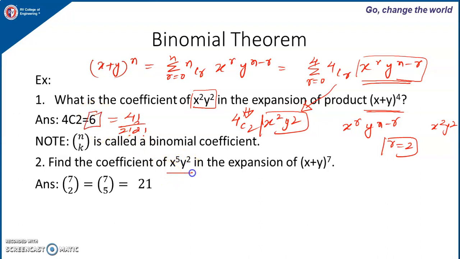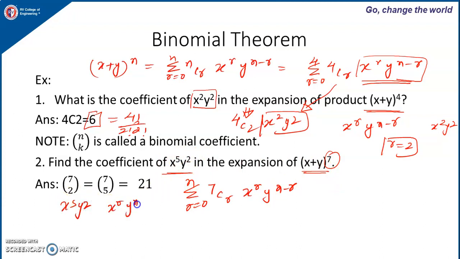Same way, x^5 y^2 in the expansion of this. Here n value is 7. So in this expansion, if I substitute the values, it will be r equals 0 to 7, 7Cr x^r y^(n-r), and we have to find x^5 y^2. With this I can say directly r is equal to 5.